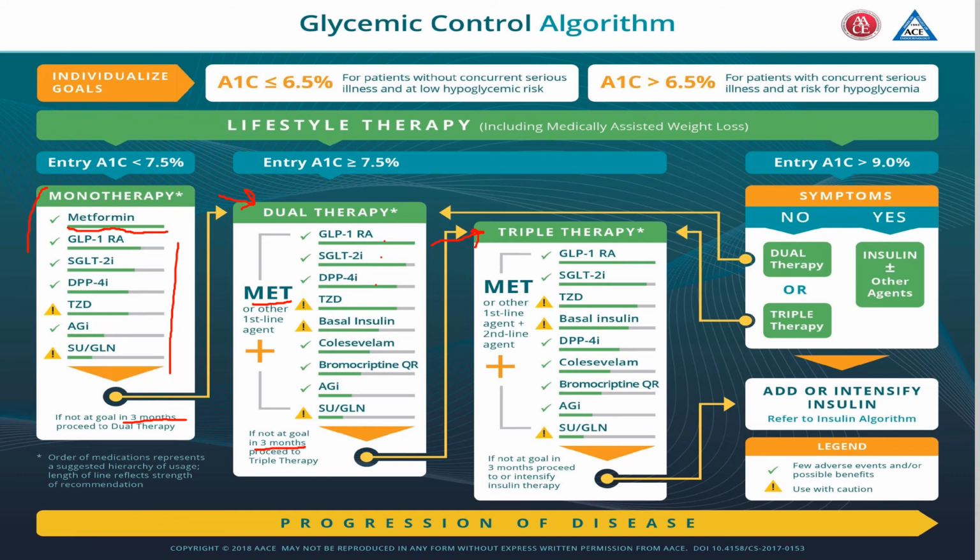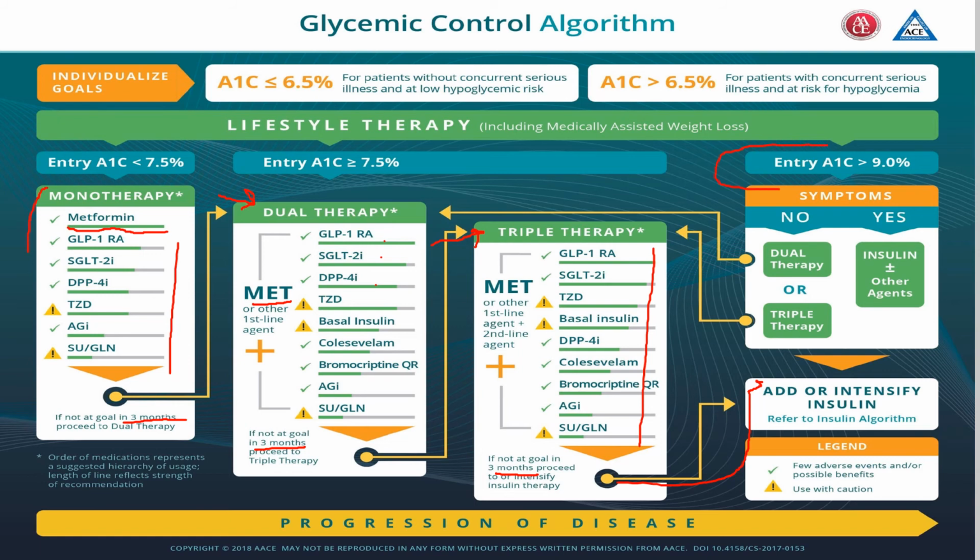And again, the hierarchy of which ones you might choose for the next one to add. Then another 3 months, you are going to usually add or intensify insulin. And which might mean if you're starting someone on insulin that you're dropping some other things.